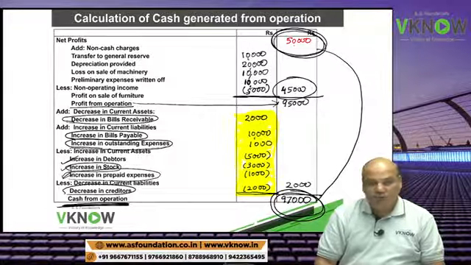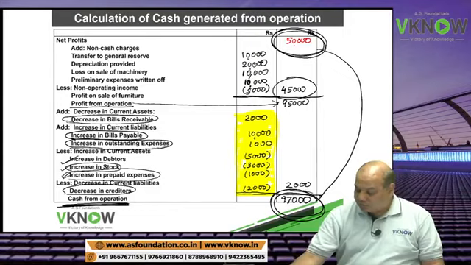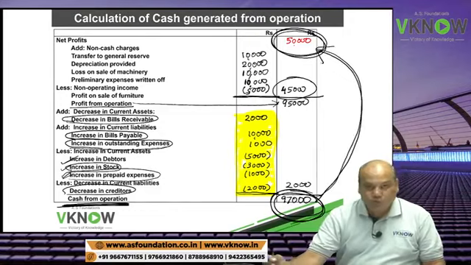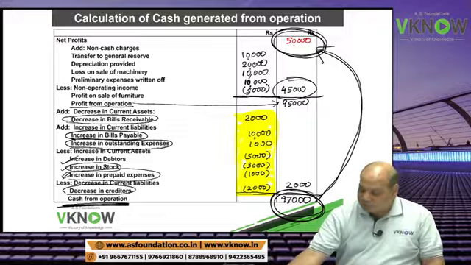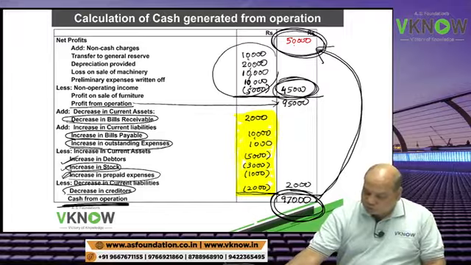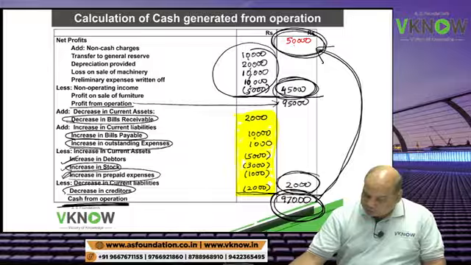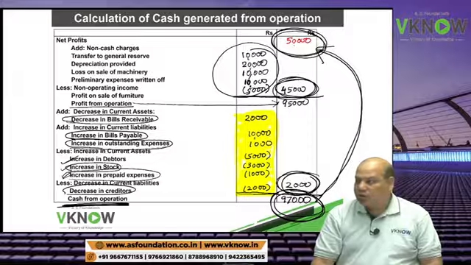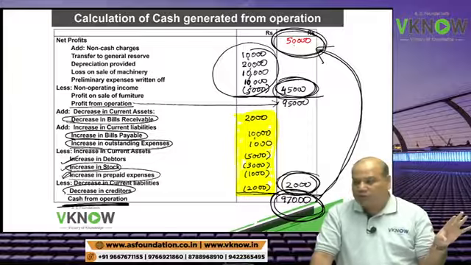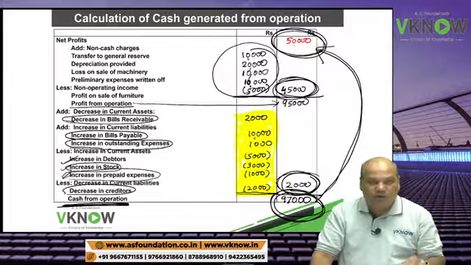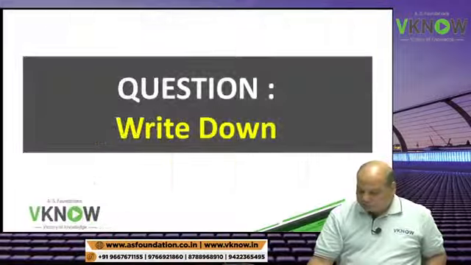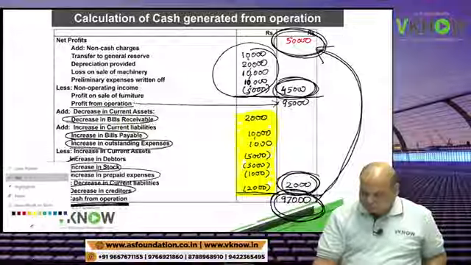Hence, the cash flow from operation is more than profit. 45,000 is due to non-cash items and 2000 rupees is due to working capital changes. So this way we understand why there is a difference between the profit figure and the cash flow figure. Write an assumption.